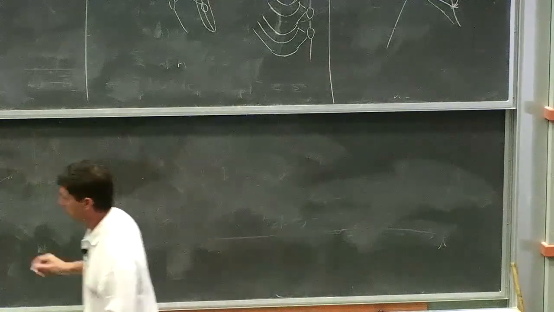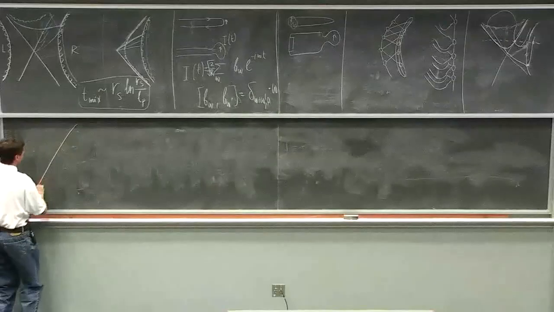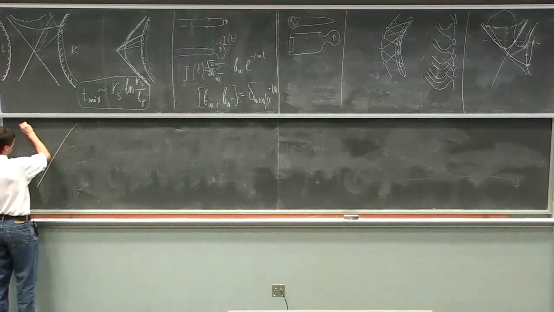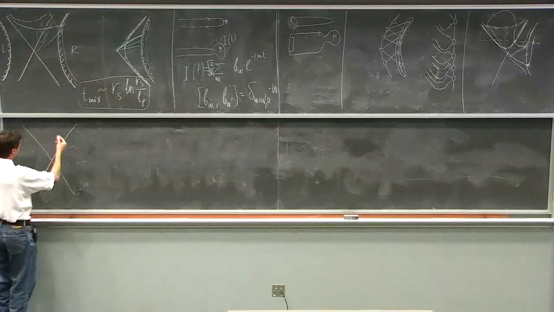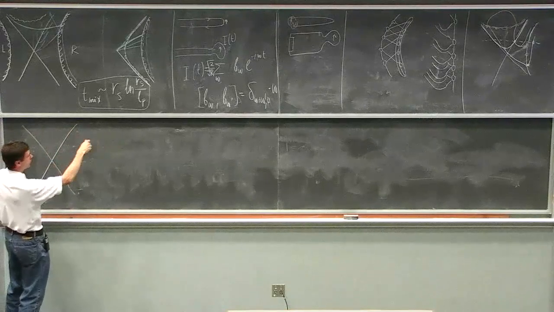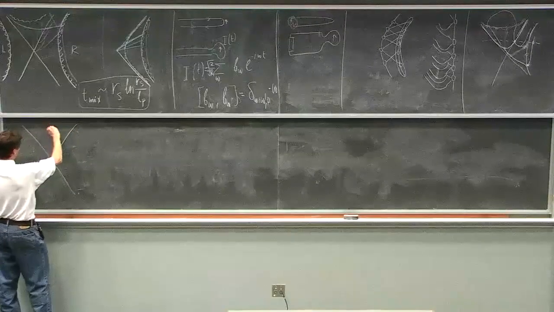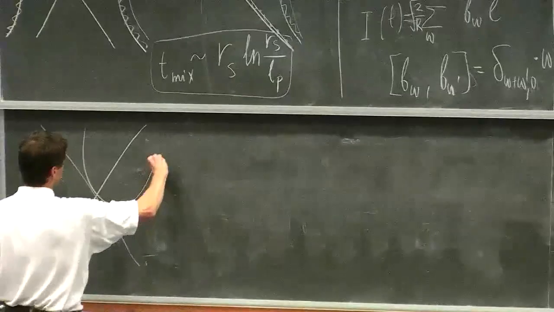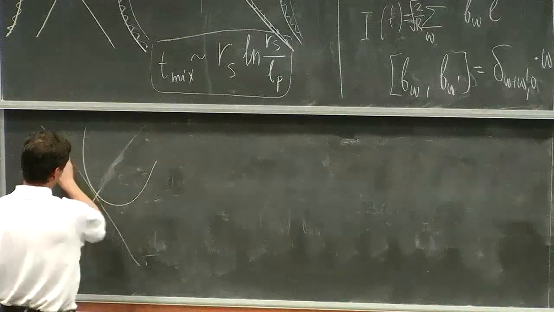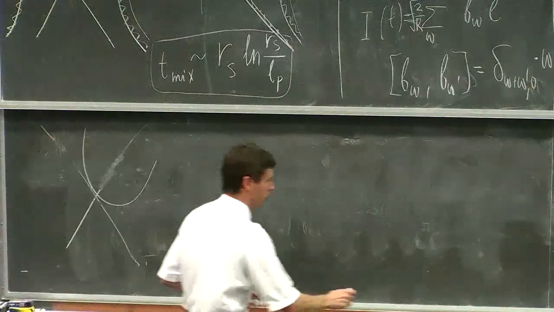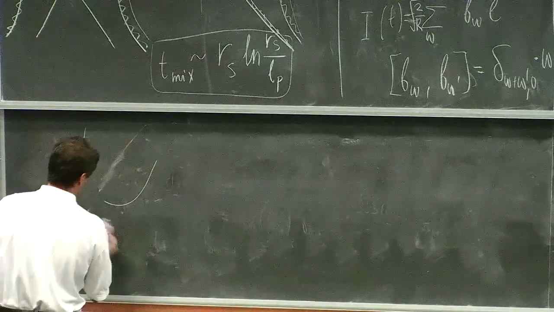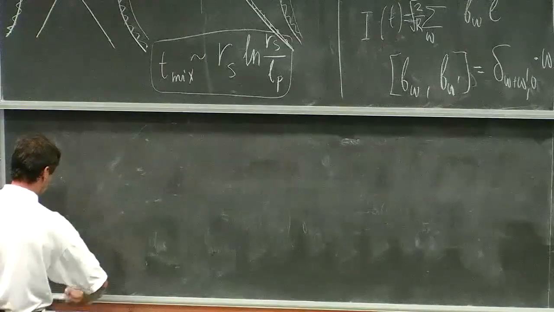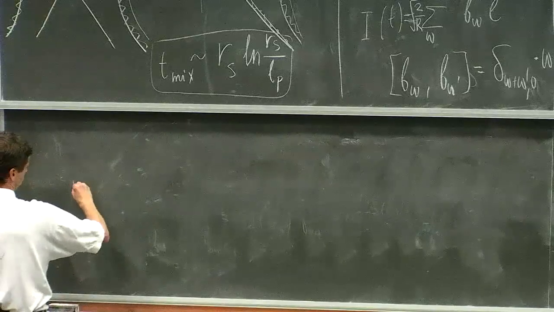Let me say a few more words about that. Imagine that we have exactly that picture; maybe I'll erase everything and just leave the picture of the information flow. So the picture is this.